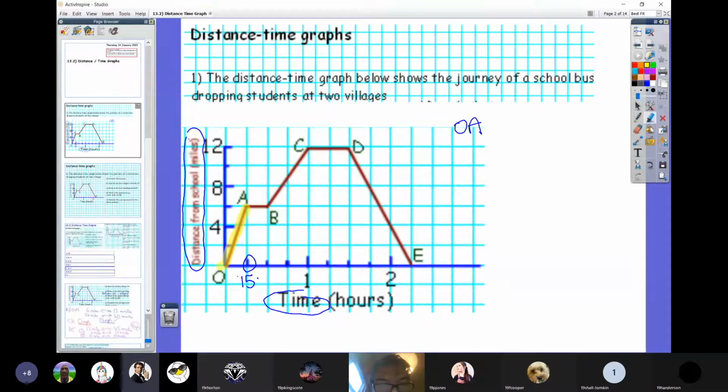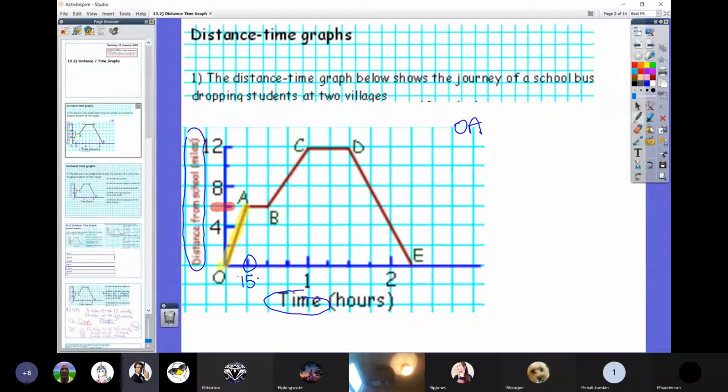So in that 15 minutes, you need to try and decide how many miles it's gone. Now, can you see that the number of miles that we've gone is here. I've just done a little mark in red. So how many miles have we gone in that 15 minutes? We've gone 6 miles. So this is a school bus dropping students at villages at the end of the school day.